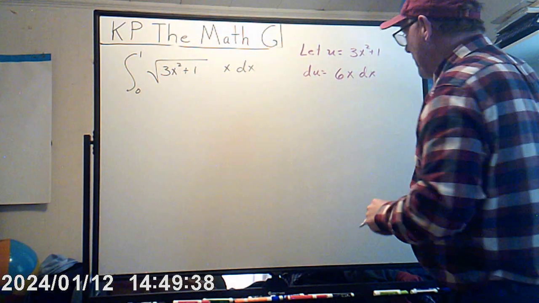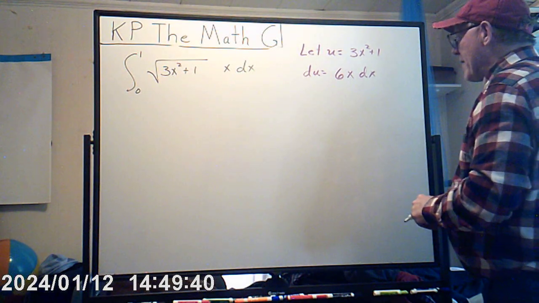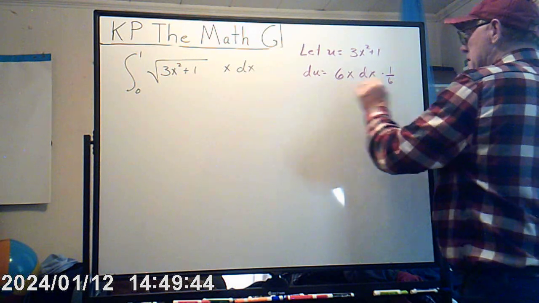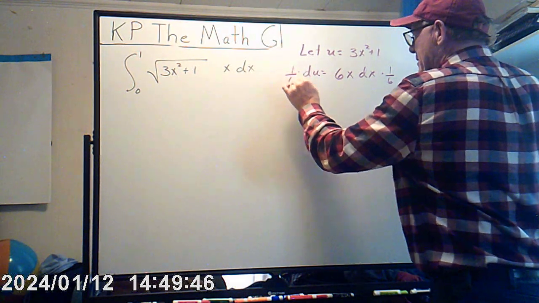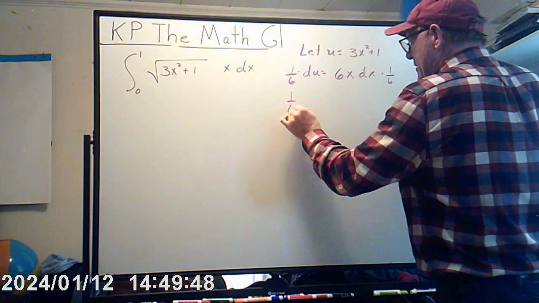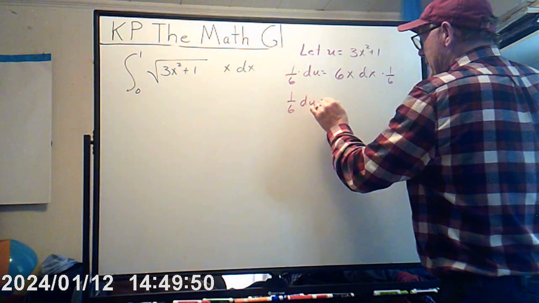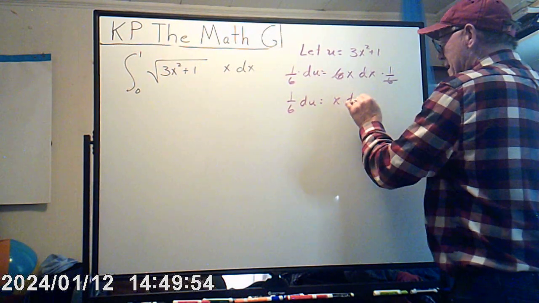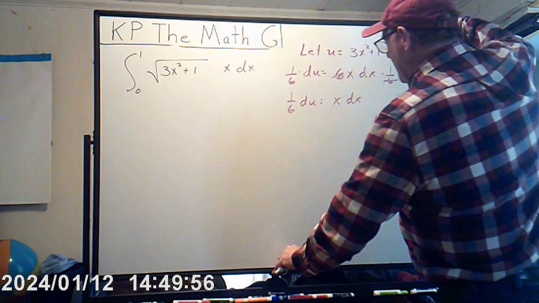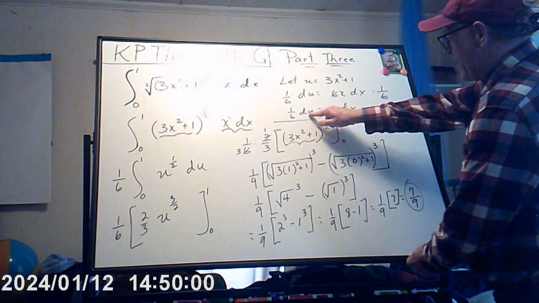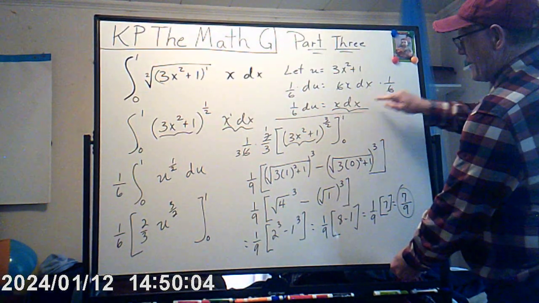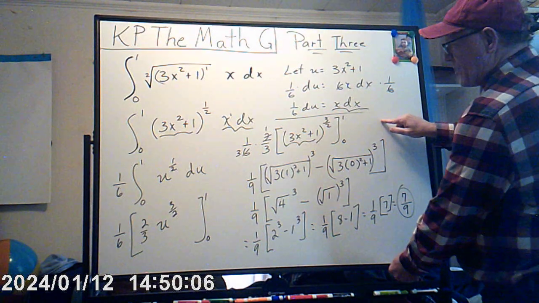And then I'm going to multiply by 1/6 on both sides. So 1/6 du is equal to x dx. Did I do that on the other side? Yes, I did. 1/6 du is equal to x dx. Same thing. That does not change.